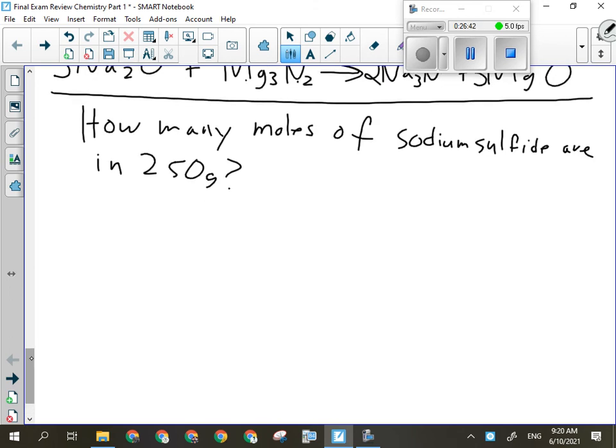We didn't get to any predicting, but we will. How many moles of sodium sulfide are in 250 grams? So write this one down. We'll walk through it together as a review.